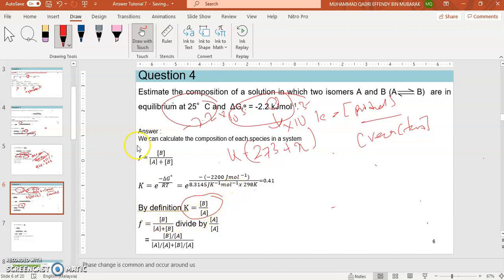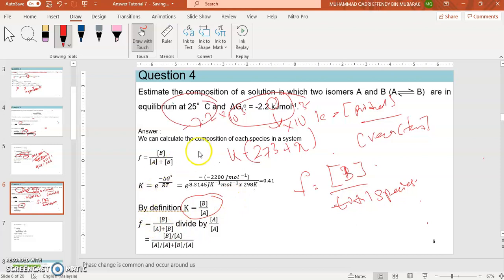Then again we use the fraction, the composition or concentration of the B species. The fraction is the fraction of the species that we want, let's say B, over the total concentration of all the species in our solution.